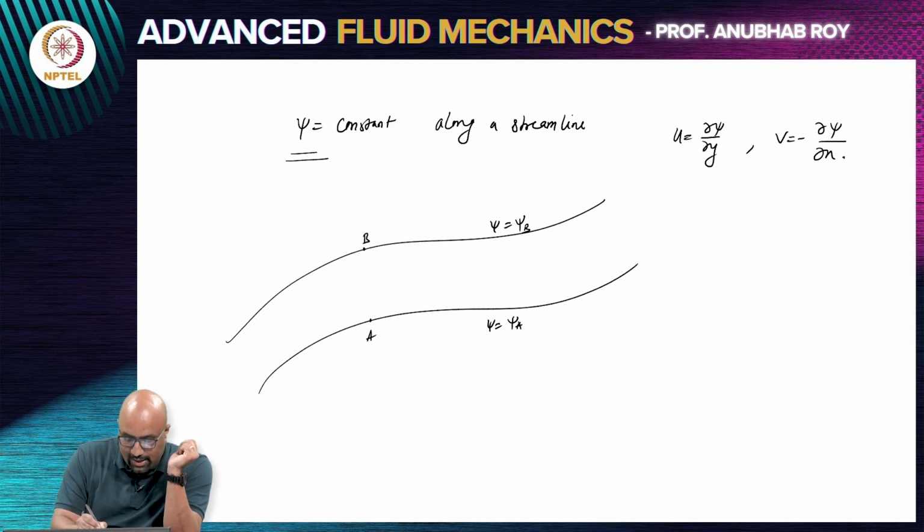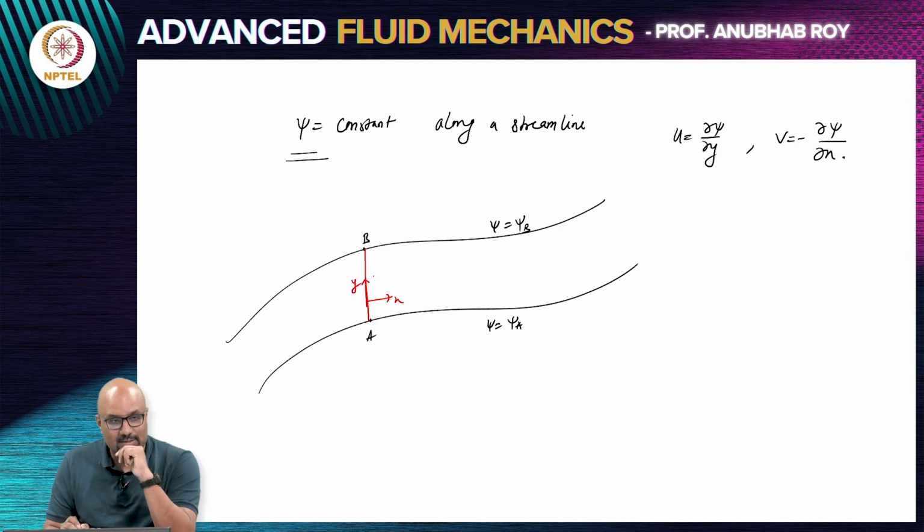Now, I draw a line. This is not a streamline, this is just a line that I have drawn connecting the two streamlines, and this is the x and this is the y axis.